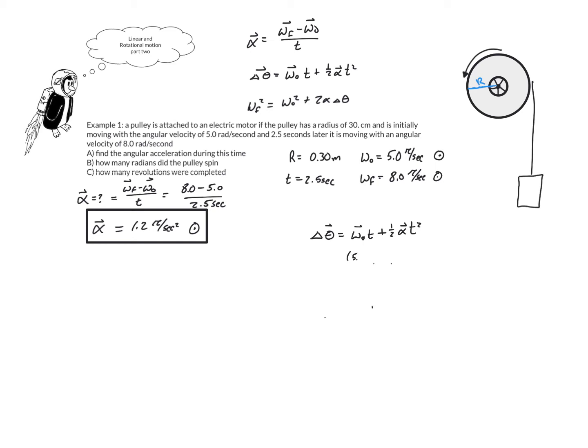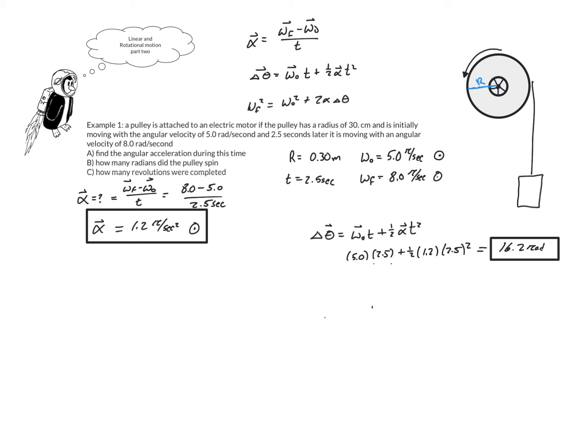So we have 5.0 in the positive direction times 2.5 seconds plus 1/2 1.2 radians per second squared, also in the positive direction, times our time squared. All of which, when we plug it in, we get 16.2 radians.